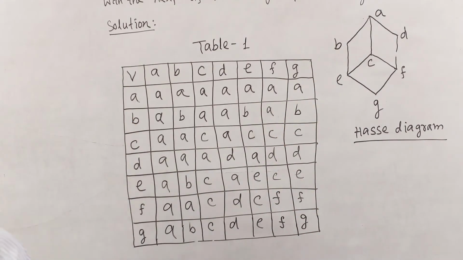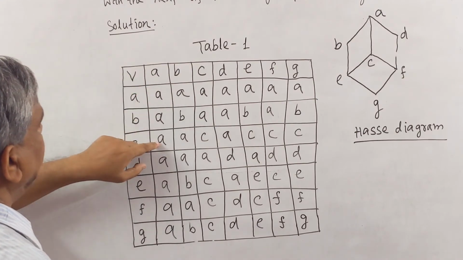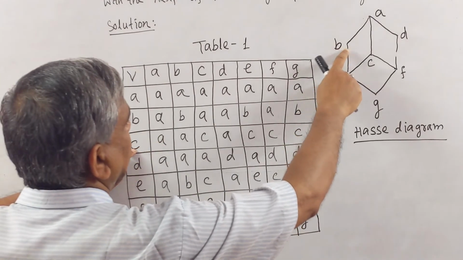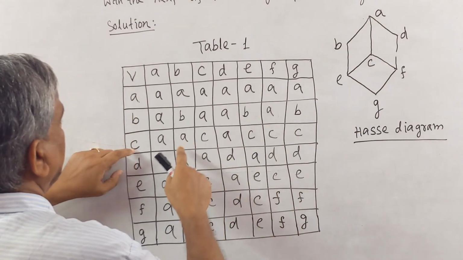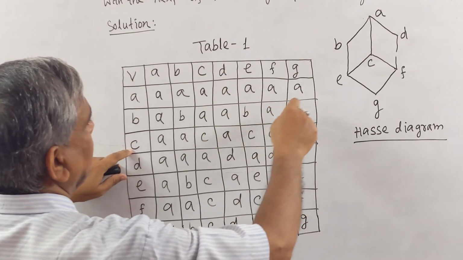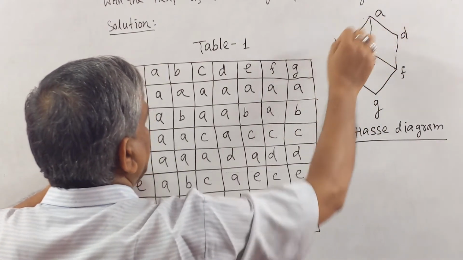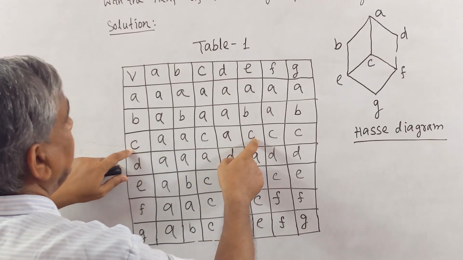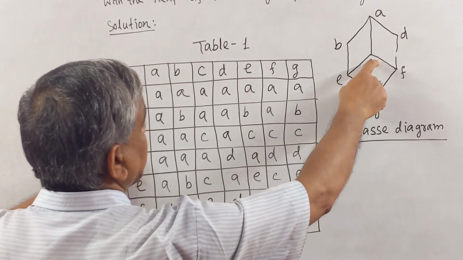Now we operate C and A. A will be in the upper position. C and B, B and C will be A. Here C and C will be C. C and D: the immediate upper position is A. Here A. C and E: C is on the upper position.